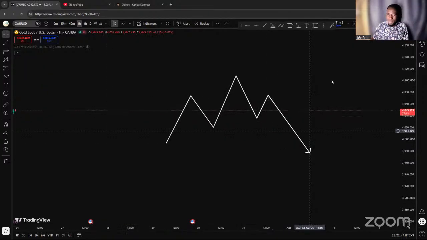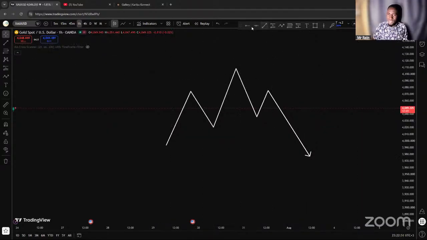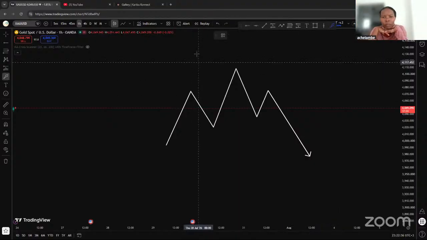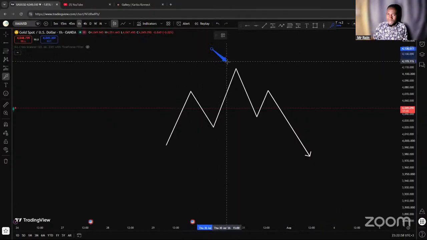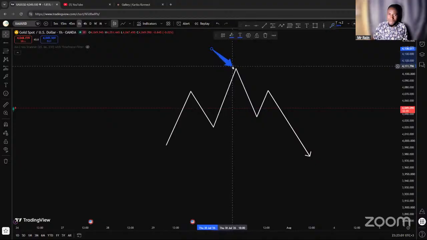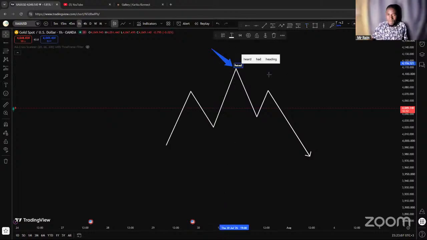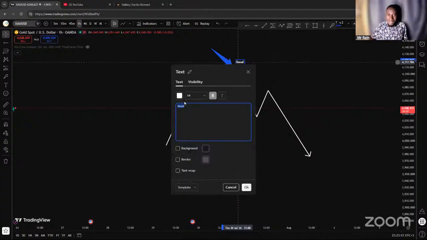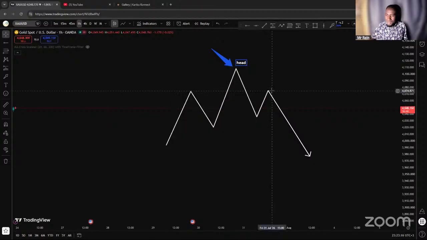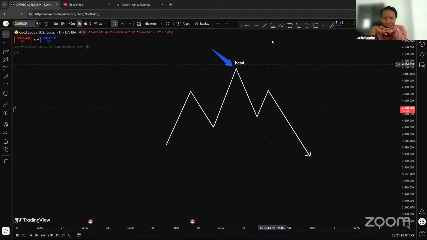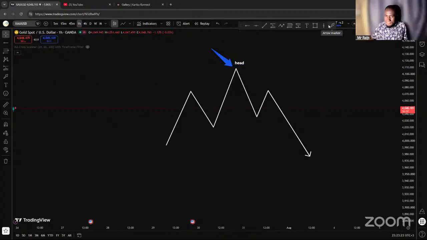So this pattern is made of first the head, which is this one here. This is the head. I hope my chart is visible. Yes, we can see it.